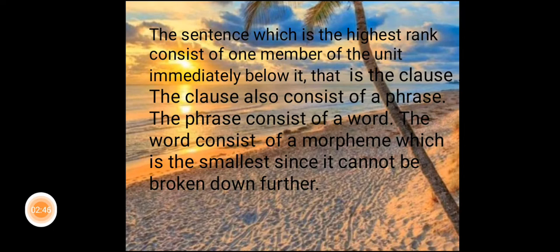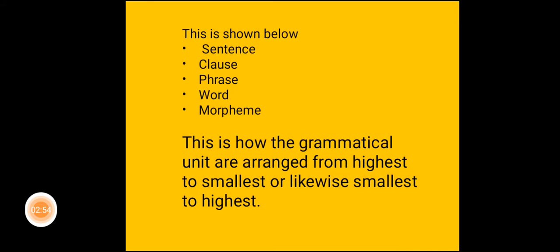The sentence, which is the highest rank, consists of one member of the unit immediately below it. So you can see that sentence consists of clause, clause consists of phrase, phrase consists of word, and word consists of what?